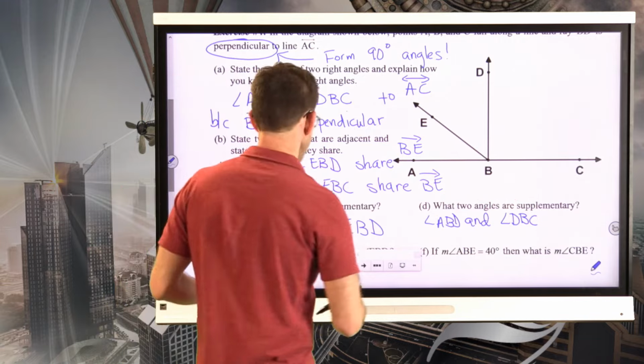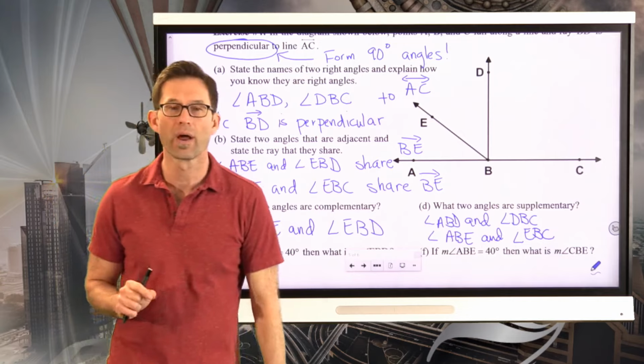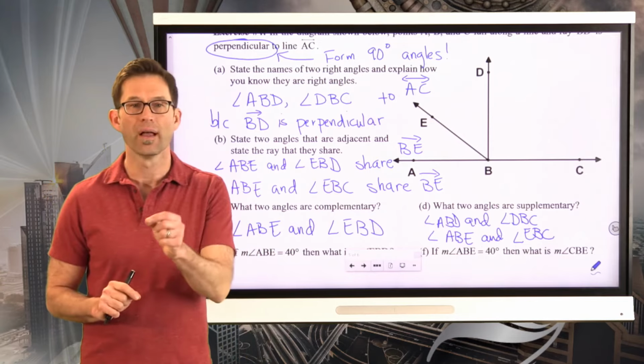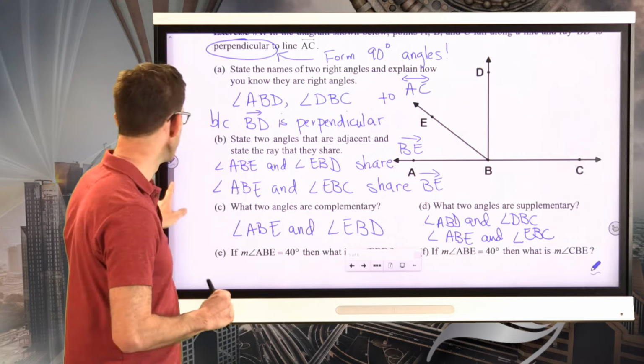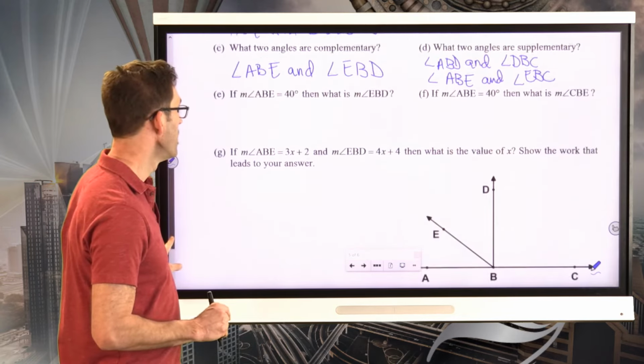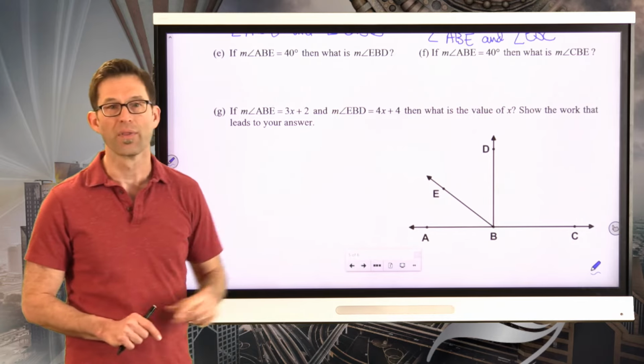So let's write that one down. Angle ABE and angle EBC. All right, very important to be able to recognize complementary and supplementary angles. Why? Because of what we're going to do in the last part of the problem. All right, I'm going to bring this up a little bit so that we can see the diagram down here and work with it as well.